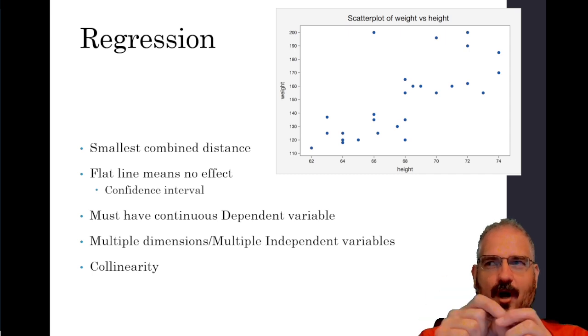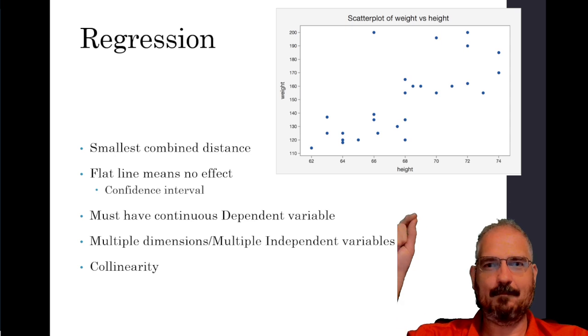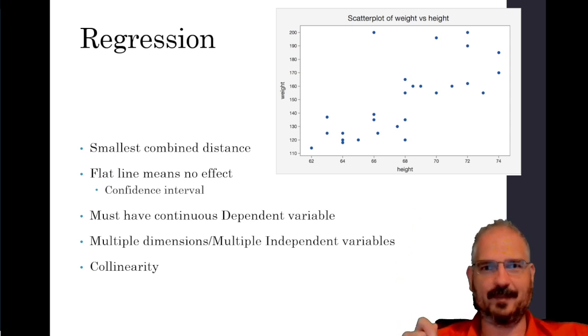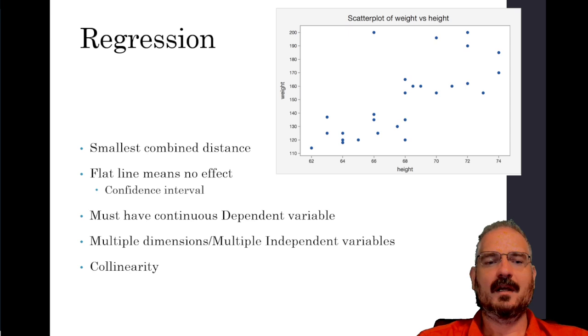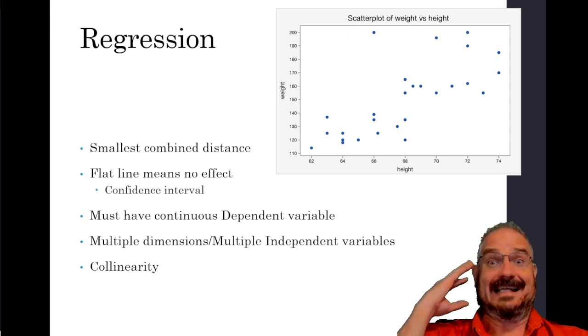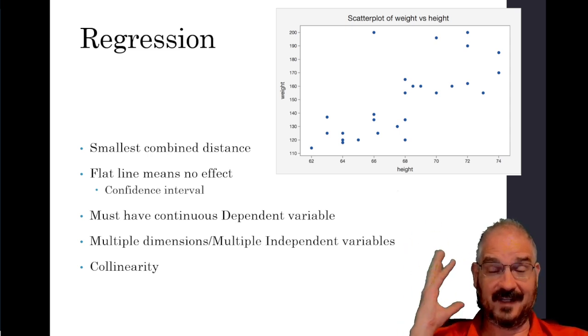And we can still draw a straight line that best fits the points. But now instead of doing it in 2 dimensions on a piece of paper, we're doing it in 3 dimensions with this 3-dimensional model.